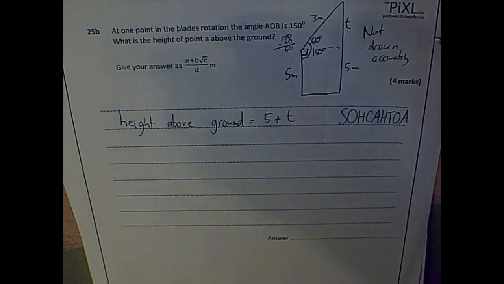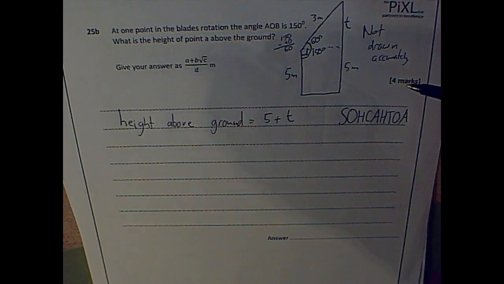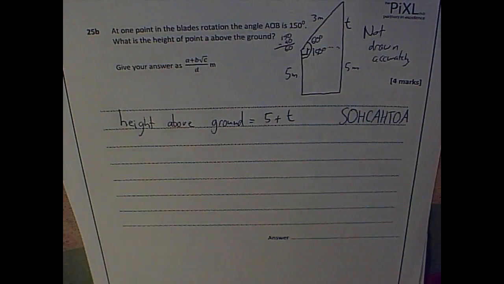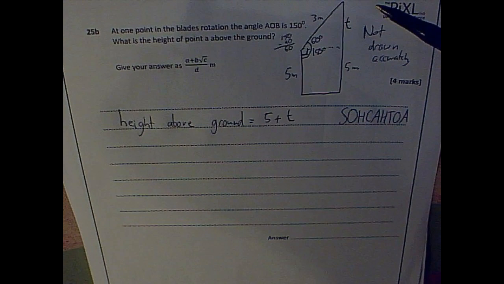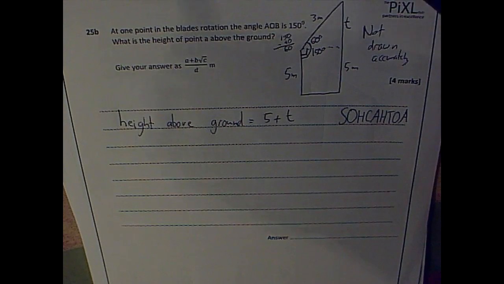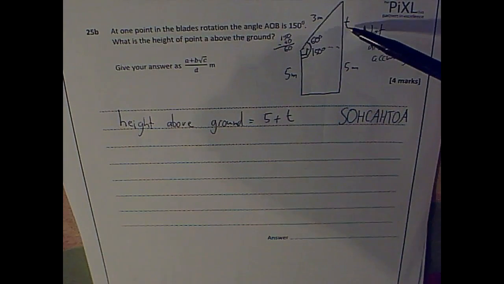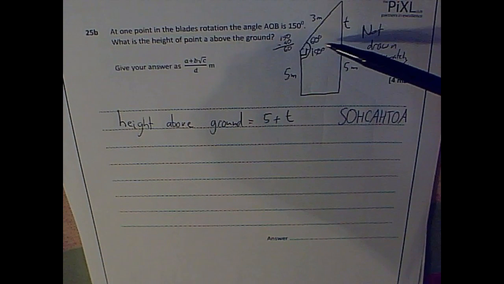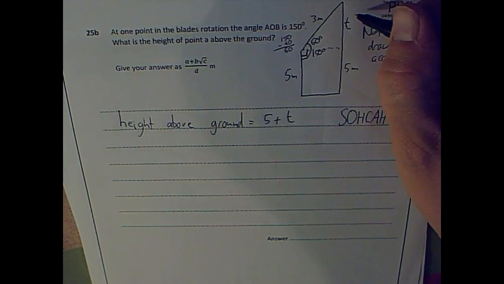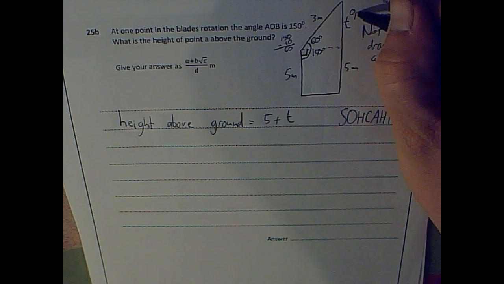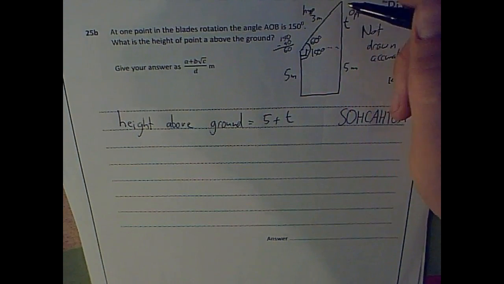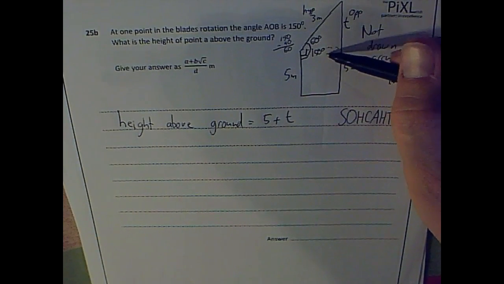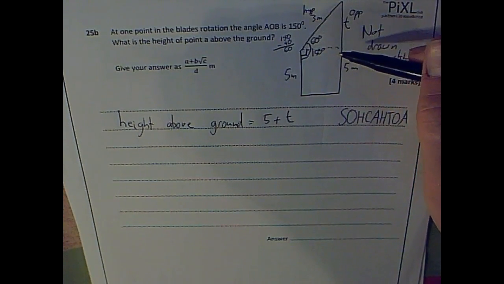I can see that I'm going to be able to work out T using SOHCAHTOA. So in relation to that 60 degrees, this would be my opposite. That's my hypotenuse. And those are the ones that I've got information for. I haven't got any information for that, so I'm not going to worry about that.